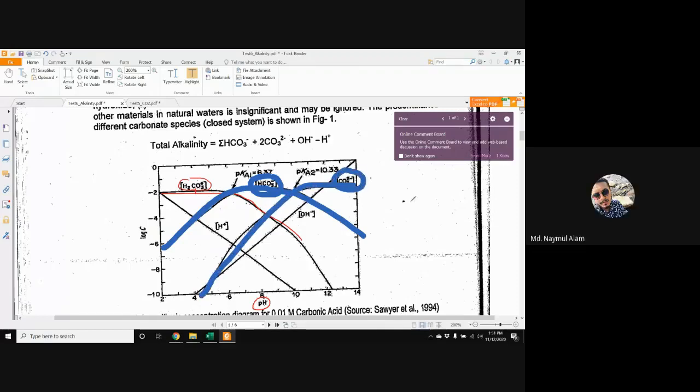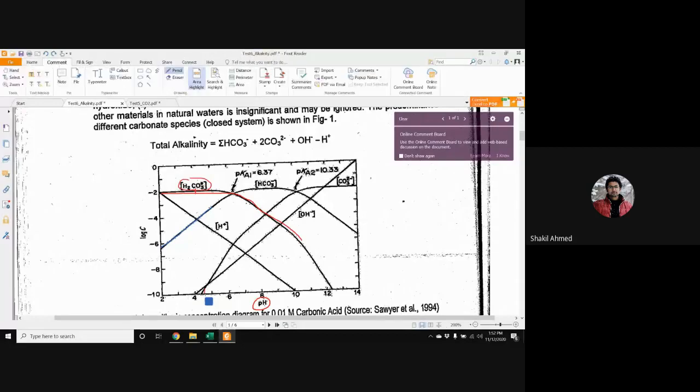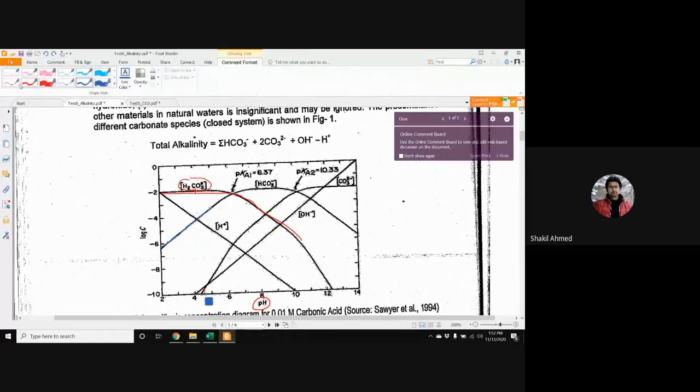Carbonate. At 4.5, as you can see here, all are H2CO3, and these others are in very negligible amount.